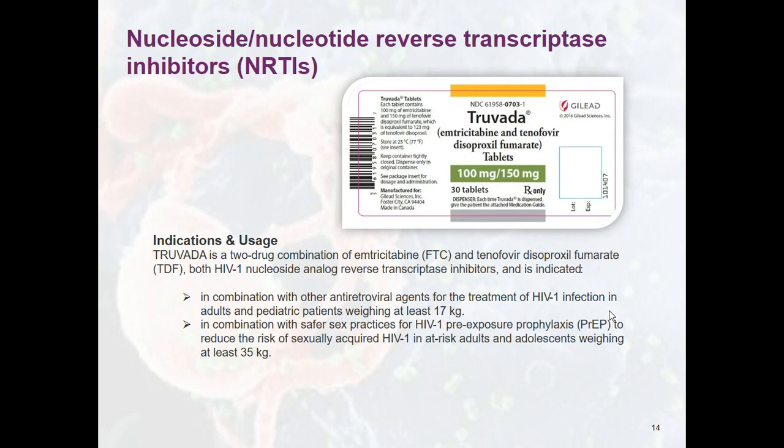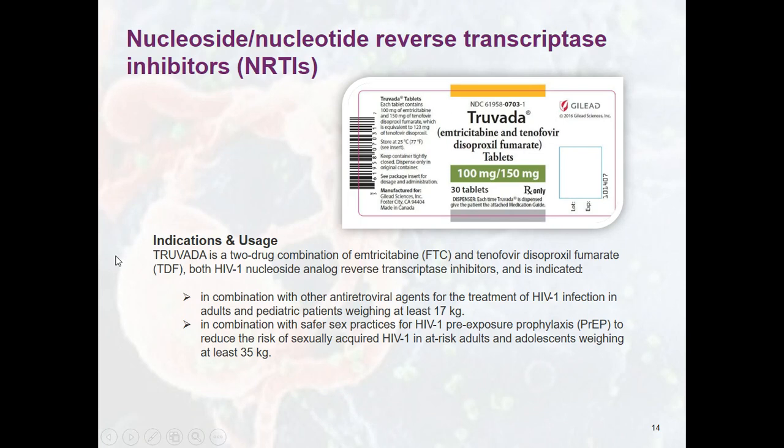Truvada. Now this drug is a combination drug, and it's used in combination with other antiretroviral agents for the treatment of HIV infection in adults and pediatric patients weighing at least 17 kilograms. Truvada, when used in combination with safer sex practices for HIV pre-exposure prophylaxis, can be used to reduce the risk of sexually acquired HIV in at-risk adults and adolescents weighing at least 35 kilograms.